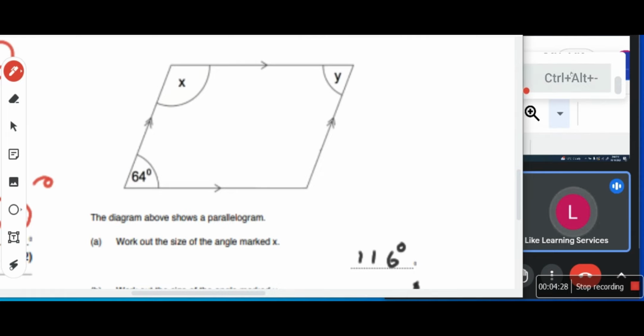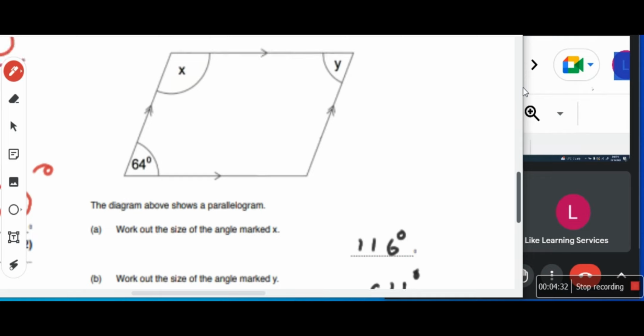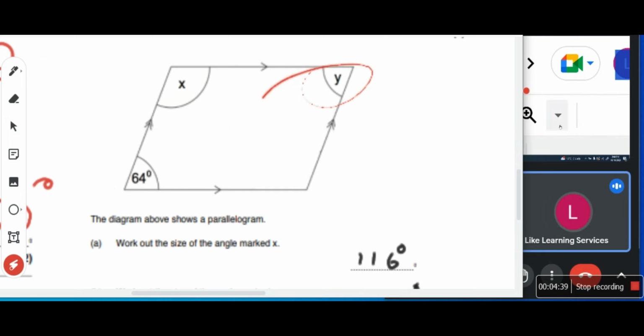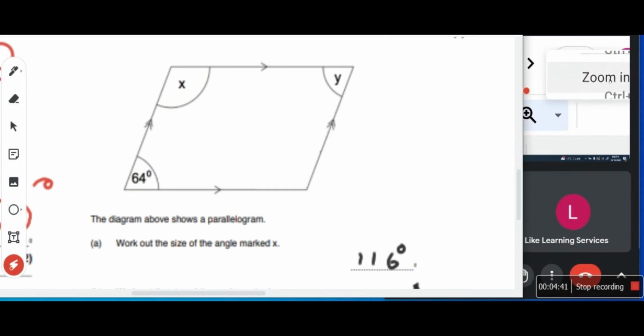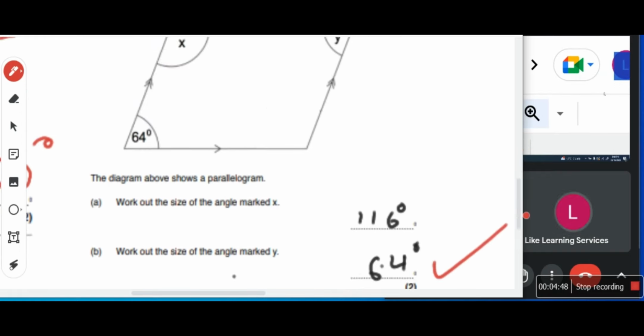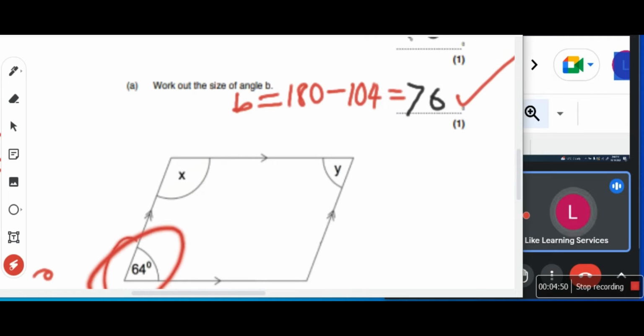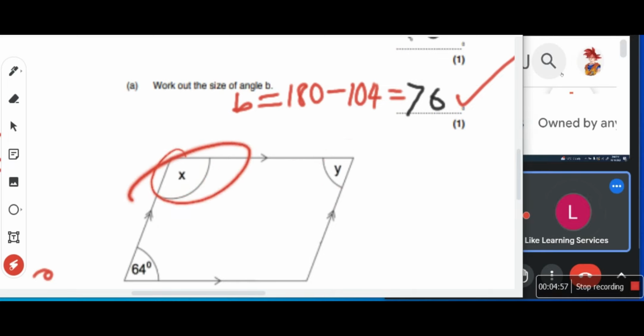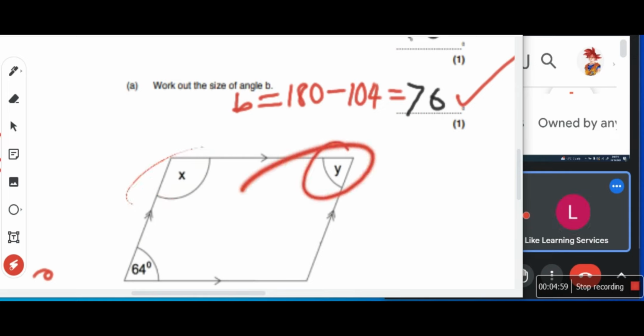All right, this one, what did you get for Y? 64, good. For parallelogram, opposite angles are equal, so 64, 64. For the opposite angles, here and here. And this one and this one, X and Y must give you 180. X plus Y must give you 180.